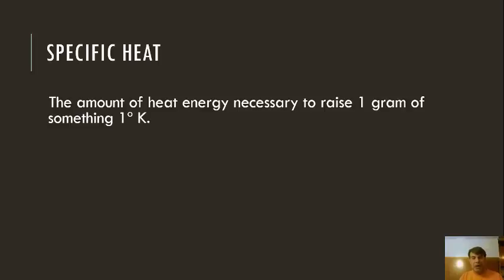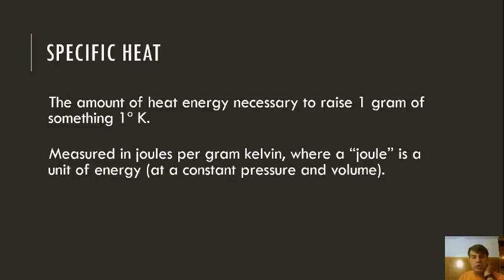Okay? So it is measured in joules per gram Kelvin. And it is important, maybe I should do a video on the factor label method, because keeping track of the labels, joules, gram, Kelvin, is very helpful when you're trying to figure things out. A joule is an amount of energy. We'll just leave it at that. Don't try to understand it at this point, but just say that joule is the unit of energy used in this case.